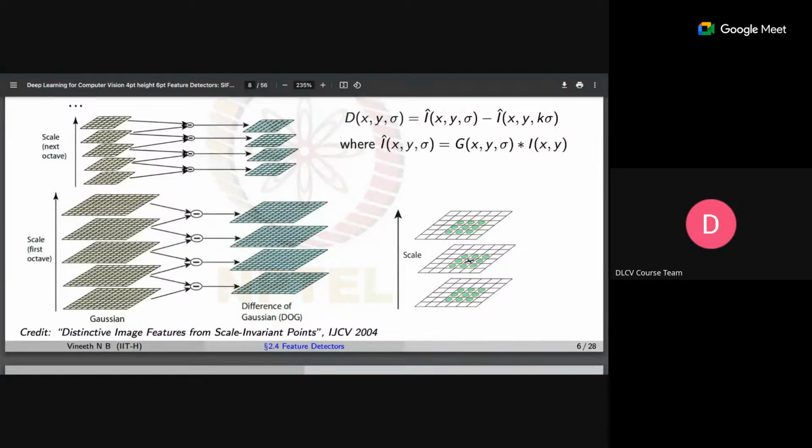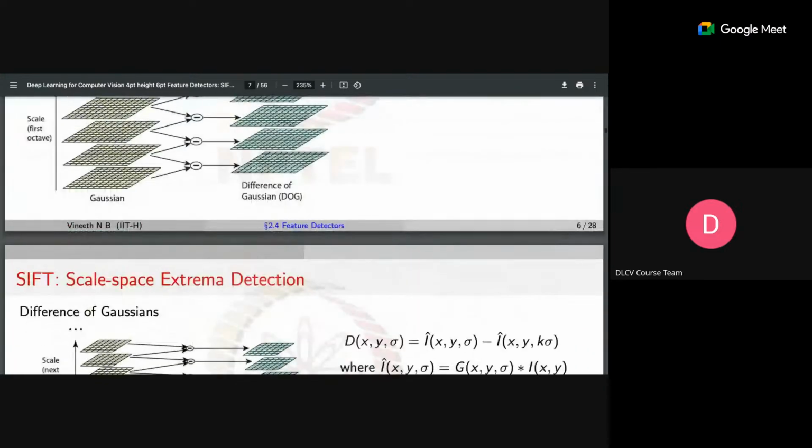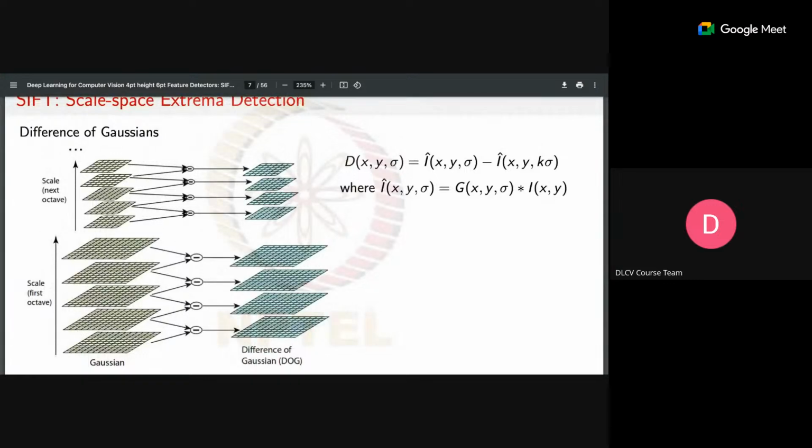It can be change in intensity also. That depends, right? That is what you want to get from a given image. You want to find the features, right? So the first step of SIFT is that you want to find those features which are scale invariant.